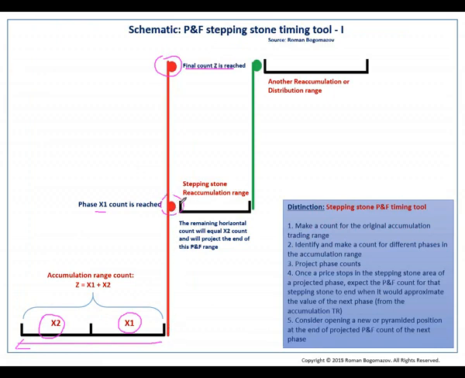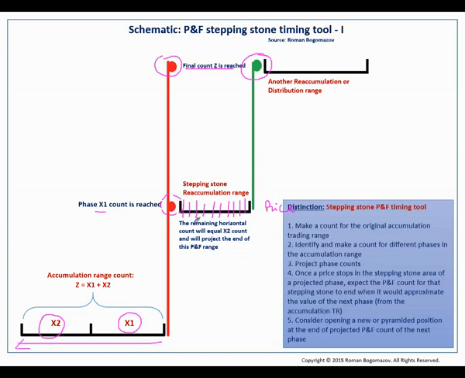Once we've reached the objective for the stepping stone, and we're just going through a consolidation in this area, we already know what the final count is going to be for us. And we know that from this price, we need a specific number of columns to be built in this trading range in order for the price to leave and to reach this objective.